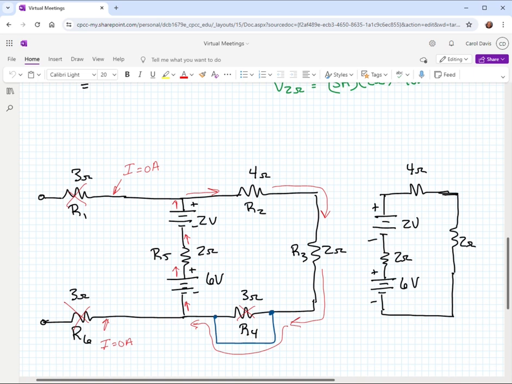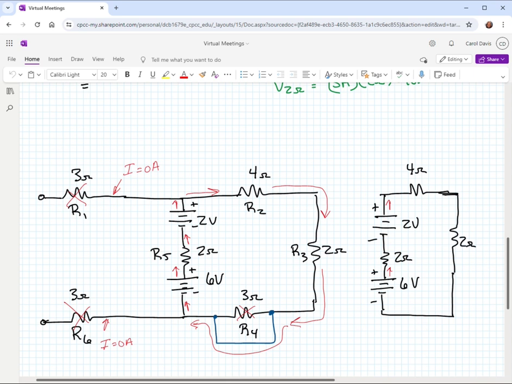If they had been oriented the different way so that the 2 volt source was turned over, was just kind of flipped, then you would subtract the 2 from the 6 volts, and it would be a 4 volt source. However, since they're in the same direction, that means they're both contributing to current in the same direction. They're both trying to point the current up.